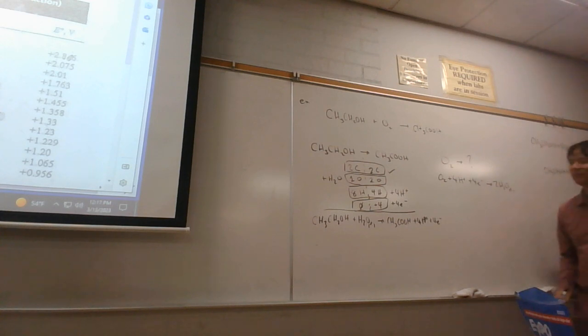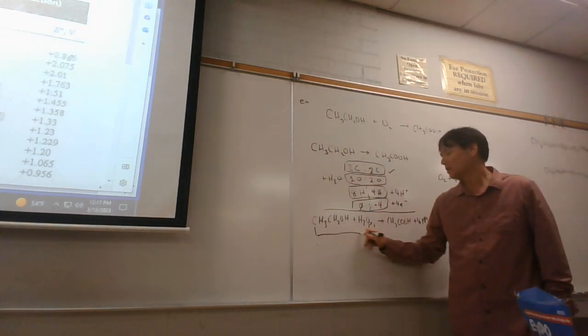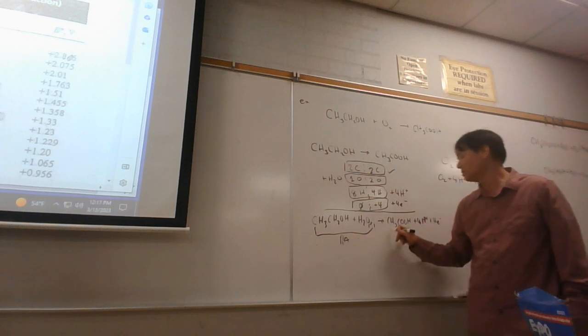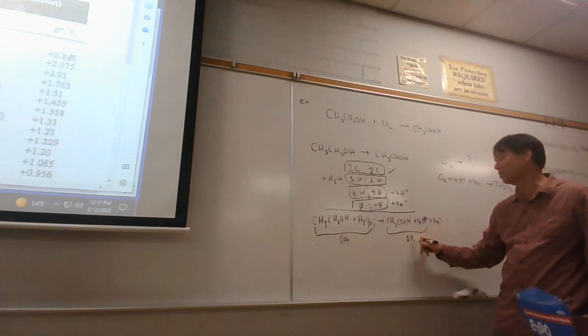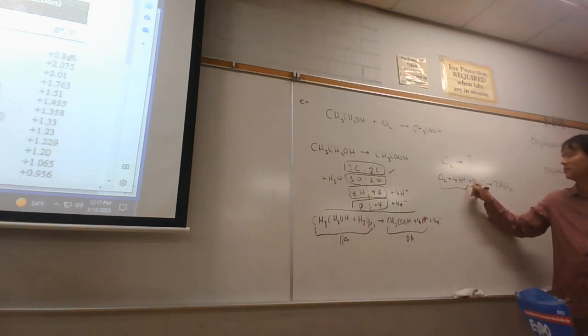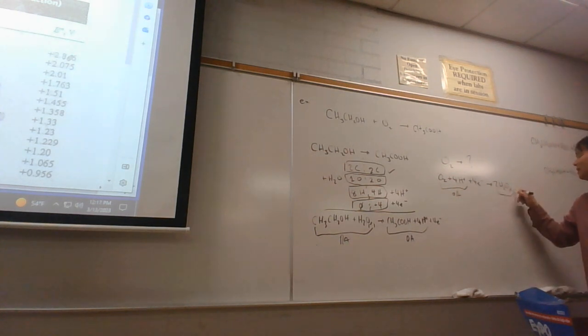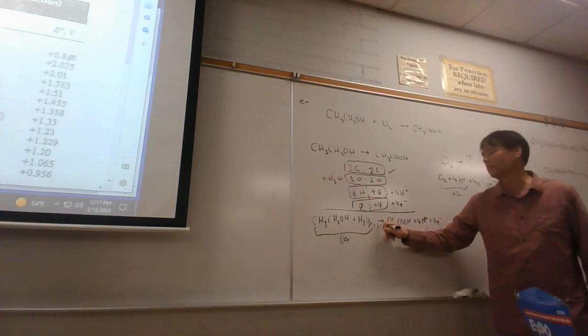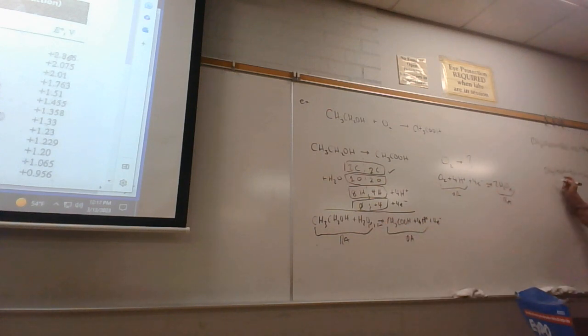Since this reaction happened, and reducing agents give up electrons while oxidizing agents take electrons, we're using the conjugate pairs here. The reducing agent would be ethanol and water. This is our RA. The oxidizing agent would be O2 and H+. The H+ got canceled, so we'll just do O2.